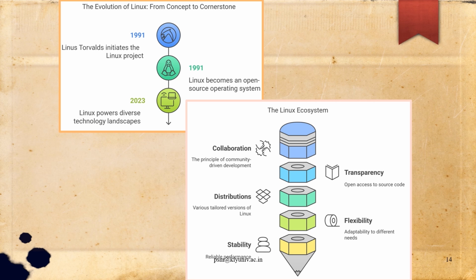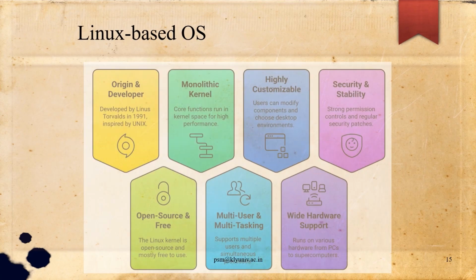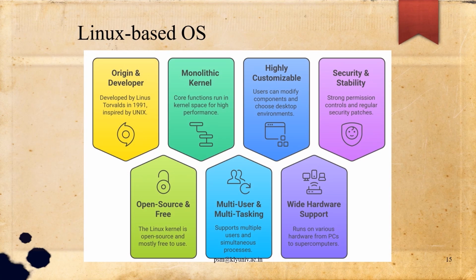So now you see it originated in 1991, developed by Linus Torvalds. It's a monolithic kernel like Unix. It's a clone of Unix actually, highly customizable as it is open source. Anyone can play with the source code and change it accordingly. They can read, they can write, they can modify. So all the fundamental rights as proposed by the open source community are associated with the Linux kernel.